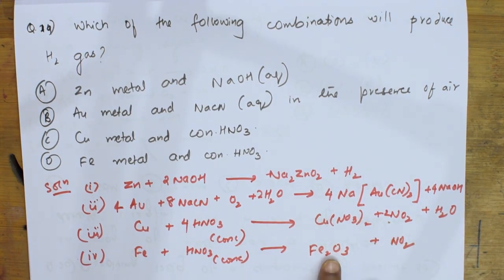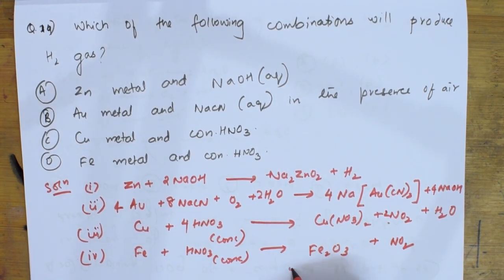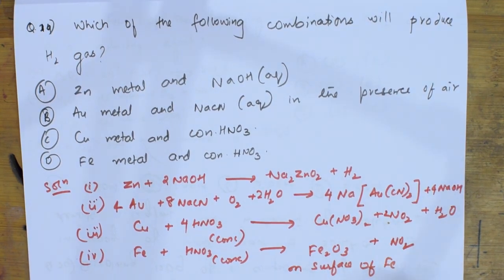So you get a passive layer of Fe2O3 on the surface of Fe. The coating forms, and nitrogen gas is evolved out.